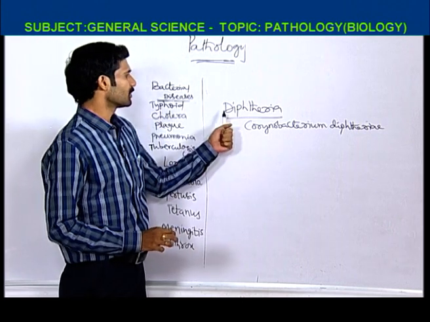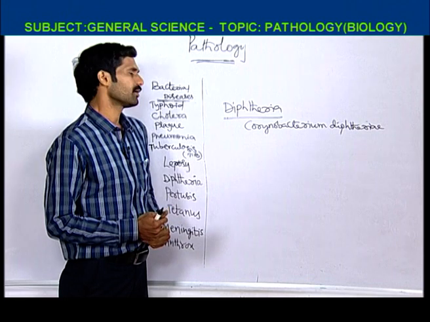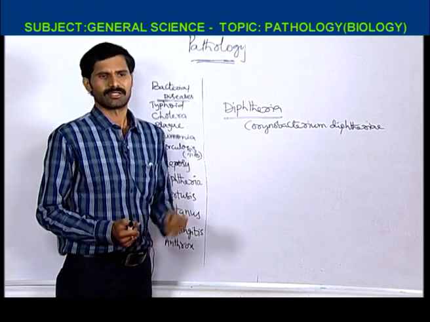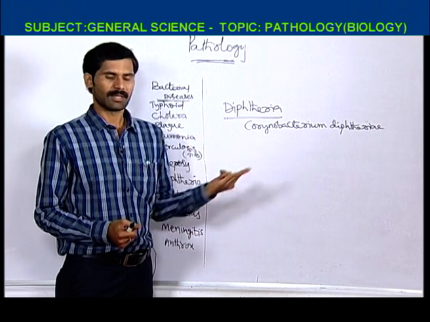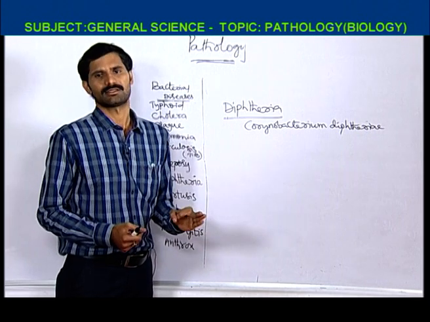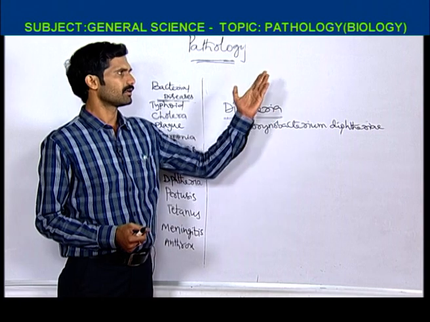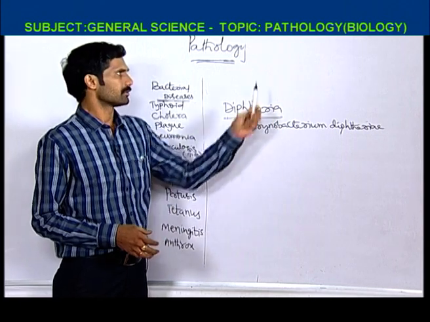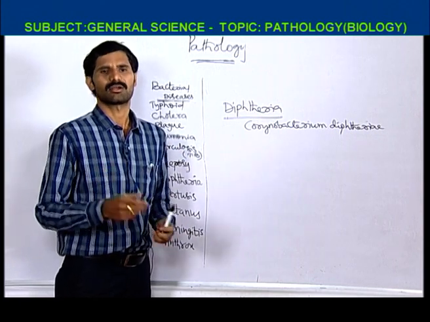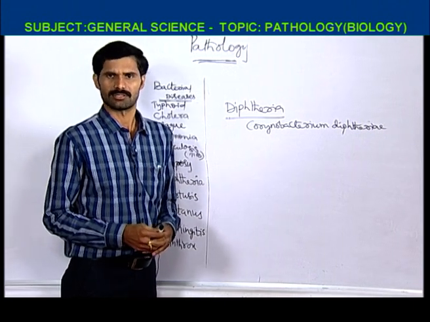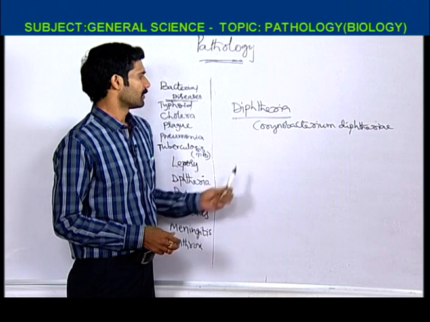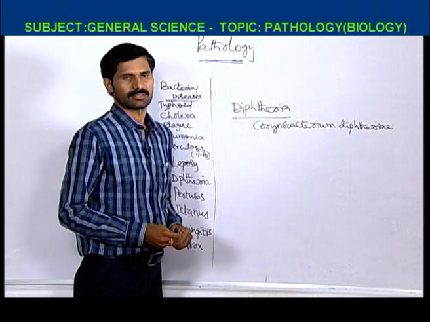So diphtheria is a contagious disease, no doubt. Smallpox, chickenpox and leprosy are also contagious diseases. We will discuss clearly what the contagious diseases, airborne diseases and waterborne diseases are.